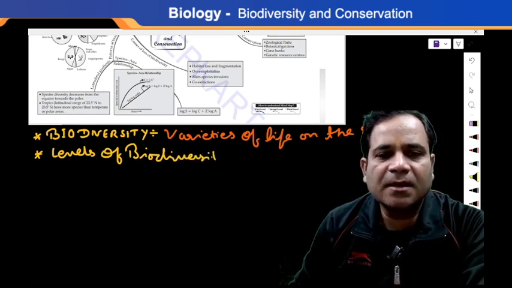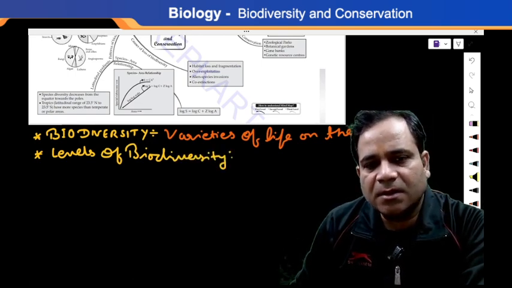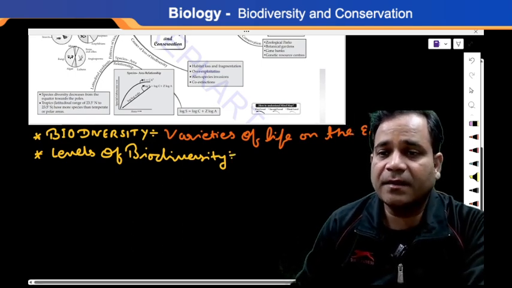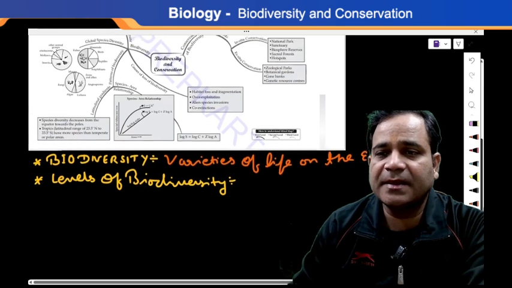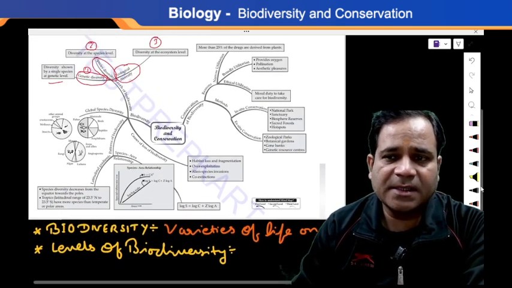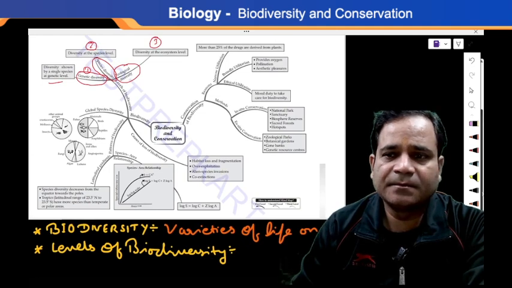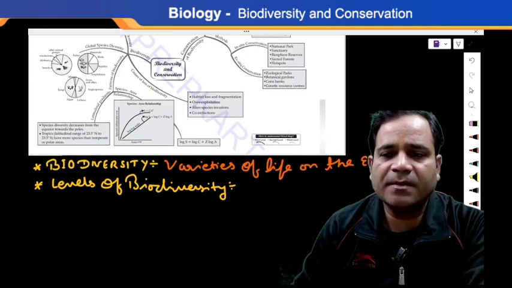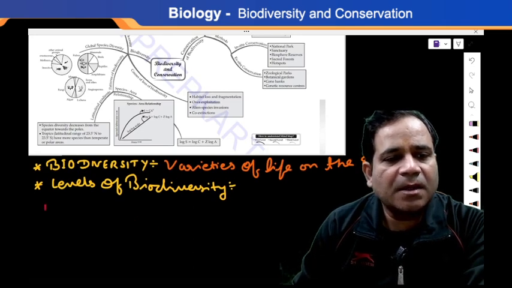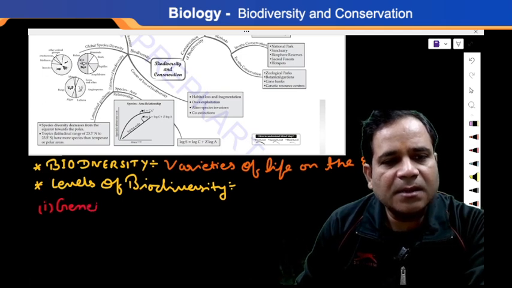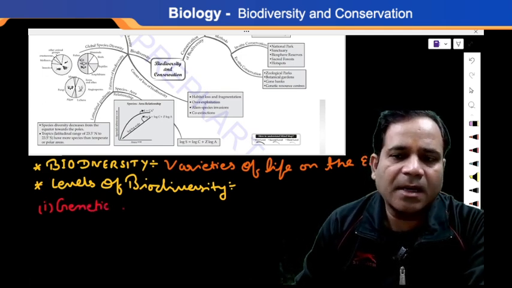If I am talking about the levels of biodiversity, there are basically three levels. Number one is genetic biodiversity. Wait for a moment. Number one, write down, genetic biodiversity.